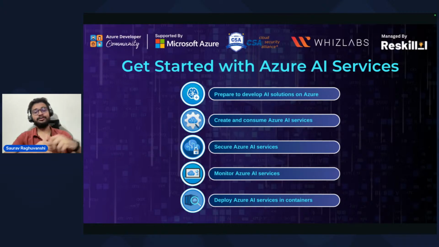Then we are going to talk about deploying AI services in containers. Why is this important? Today a lot of enterprises are already using these AI services, but they often have a restriction or policy that they don't want to put their data or application into the cloud ecosystem, maybe in banking or finance.